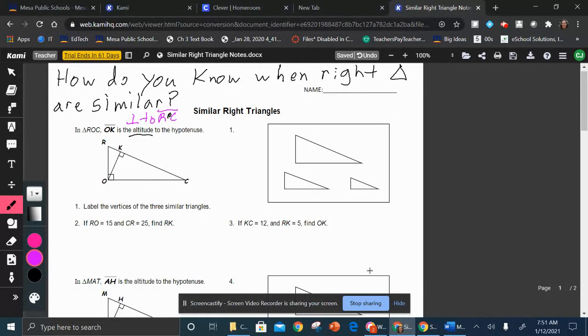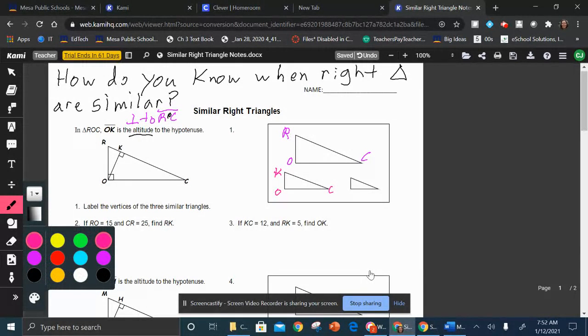Over here we're going to label it. The large right triangle is ROC, and then we have our other one, which is OKC.